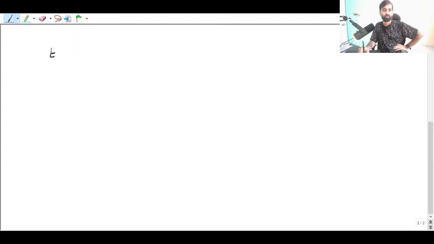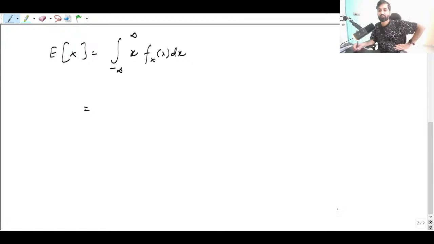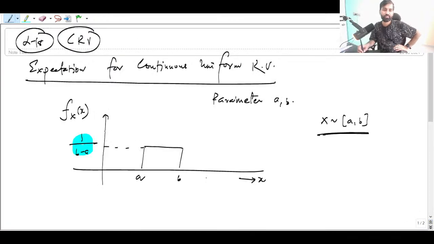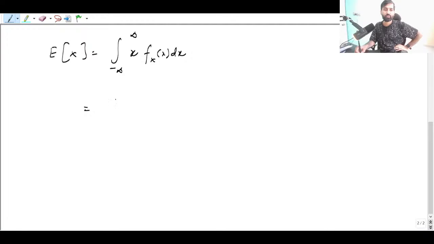By definition, the expectation of x is the integral from minus infinity to infinity of x f of x dx. Your density function is from a to b.